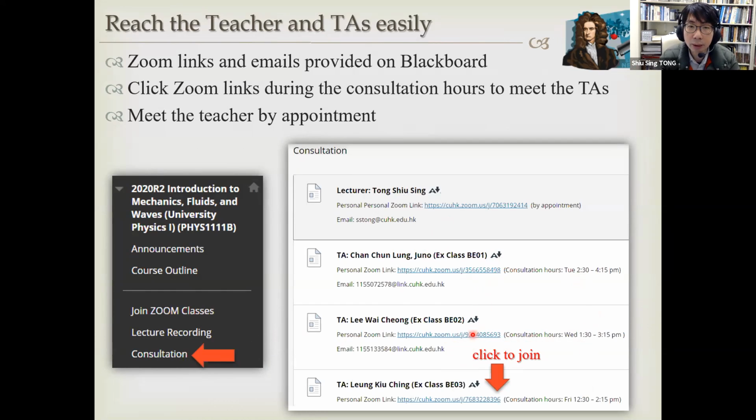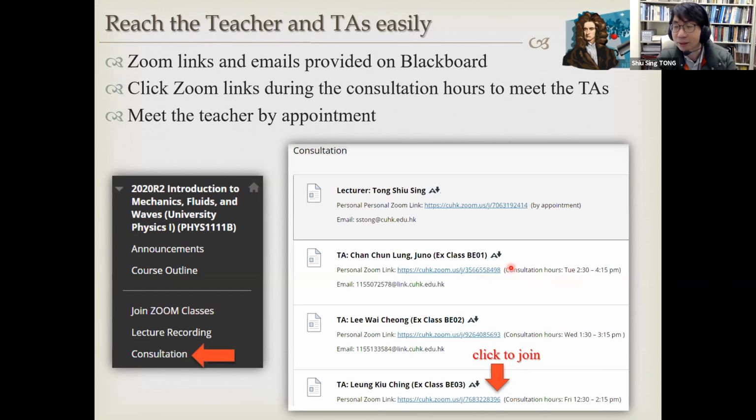I urge the TAs to be there during the consultation hours, and they're ready to help you in case you have a problem in your study. If you want to discuss more about what you learned in a lecture, or you have problems solving the homework, or difficulty in learning, please take your time and go find them.